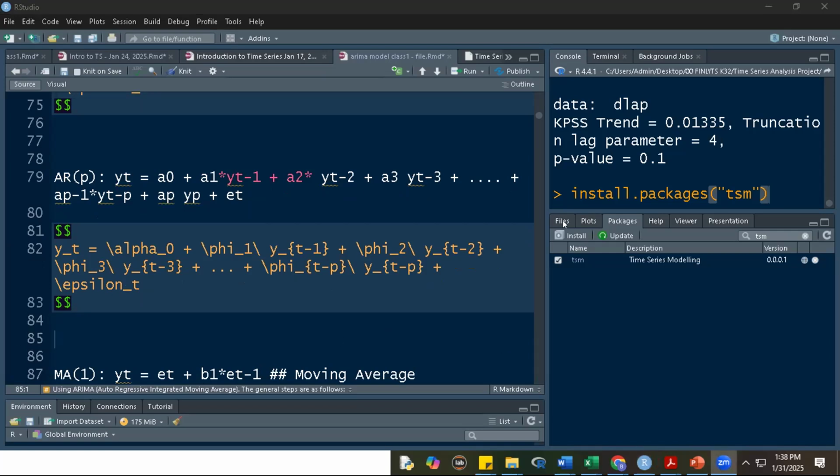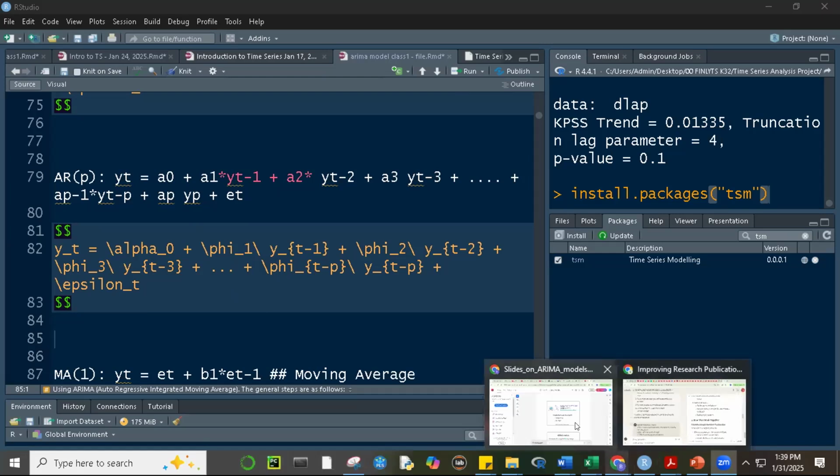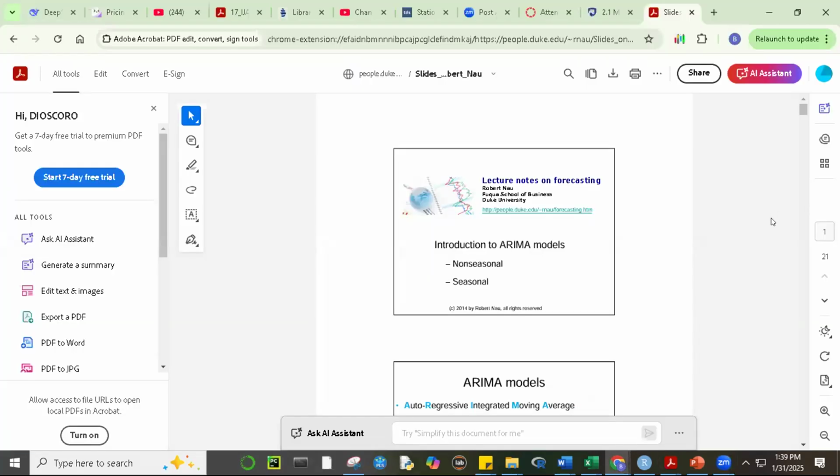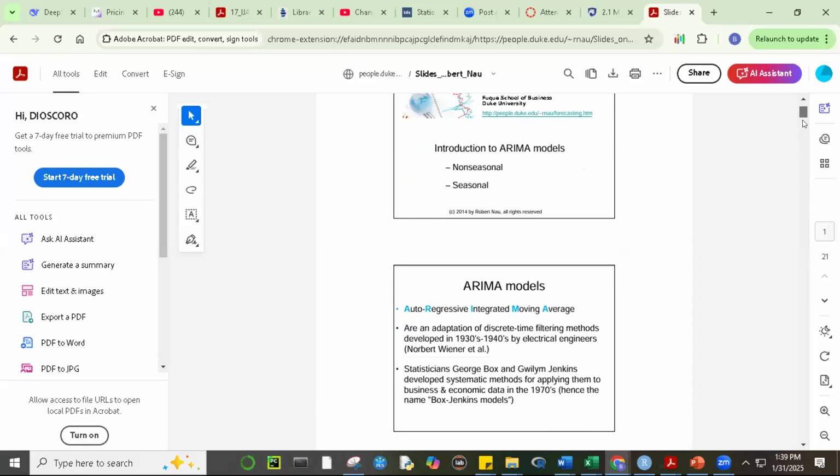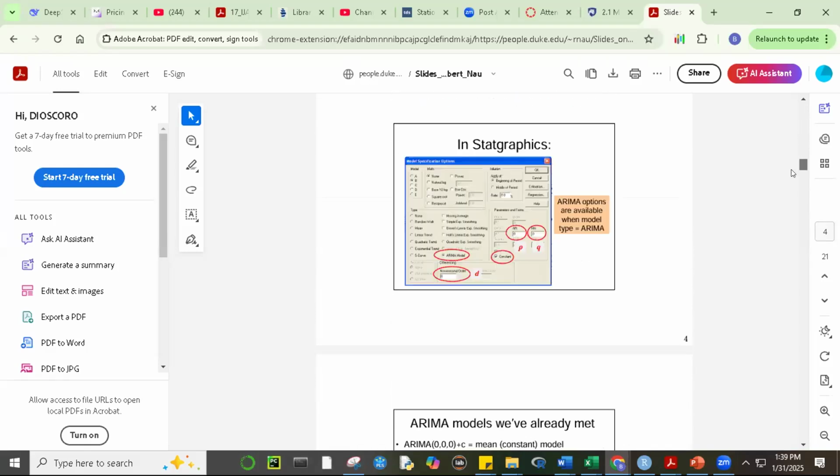Good. Thank you. So you can see that for an AR(p) process, as we discussed a while ago, where's that example that we had? Was it this one?